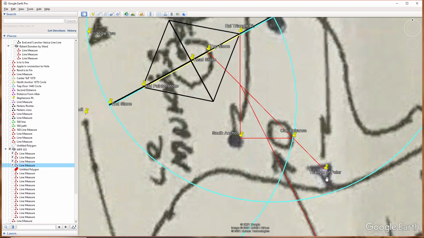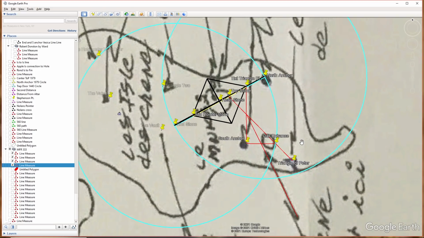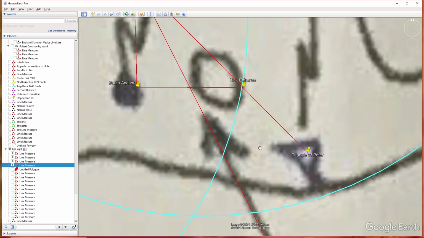So we have that going to the top stone to the triangle of Peter. Now, we understand this as a rectangle by these two parallel lines. And here's what I'm suggesting: this triangle of Peter is the clue to the geometric relationship in what we're trying to do here.